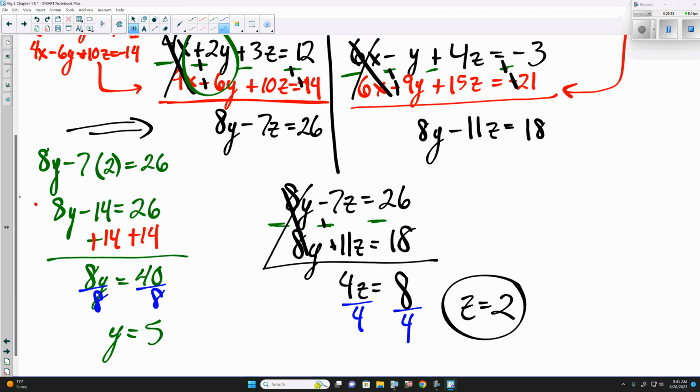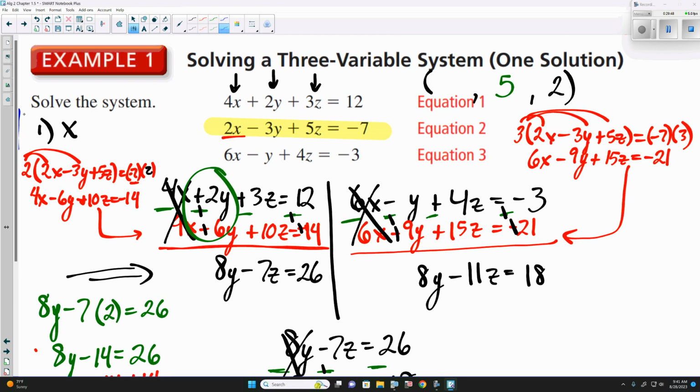So, questions on this here? Now the last thing is, guys, we have to pick one of these 3 equations.